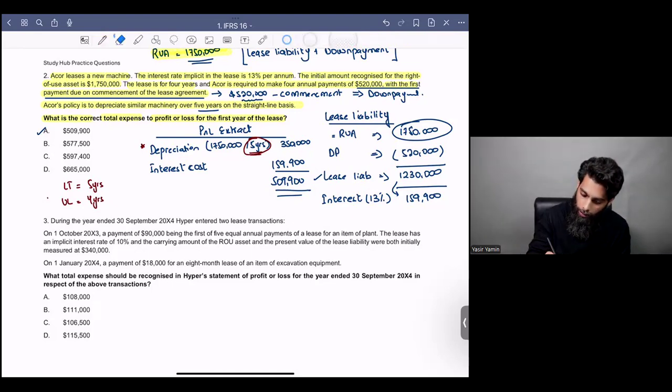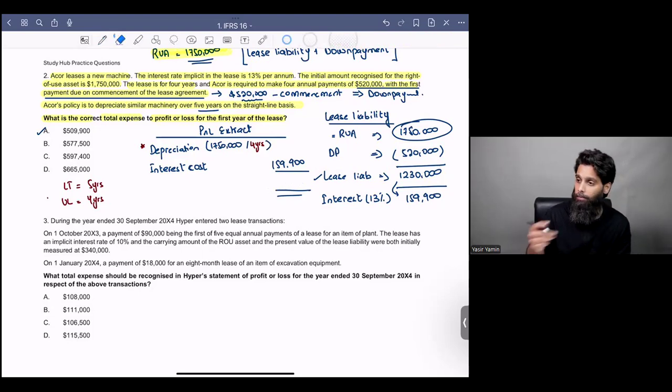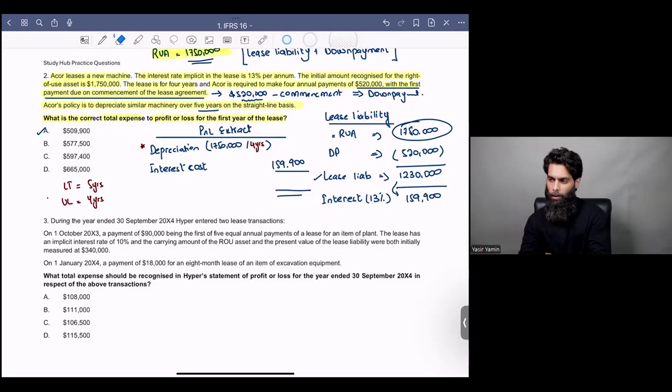So there is a correction in our solution now. The depreciation should be calculated on 4 years, and that would provide you an answer based on 4 years, which is 1,750,000 divided by 4.